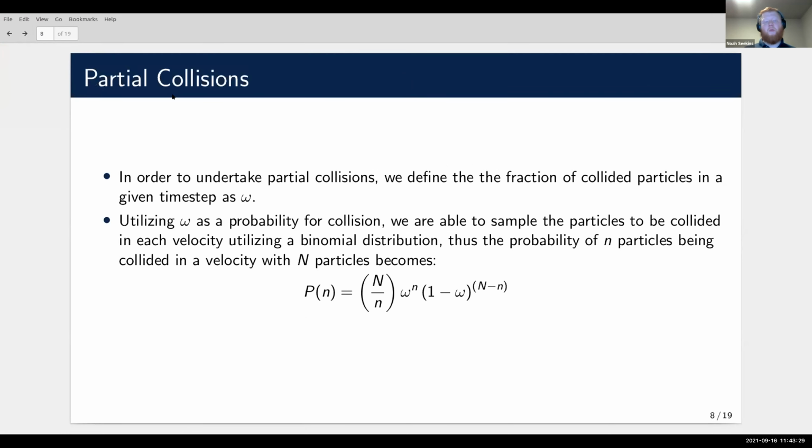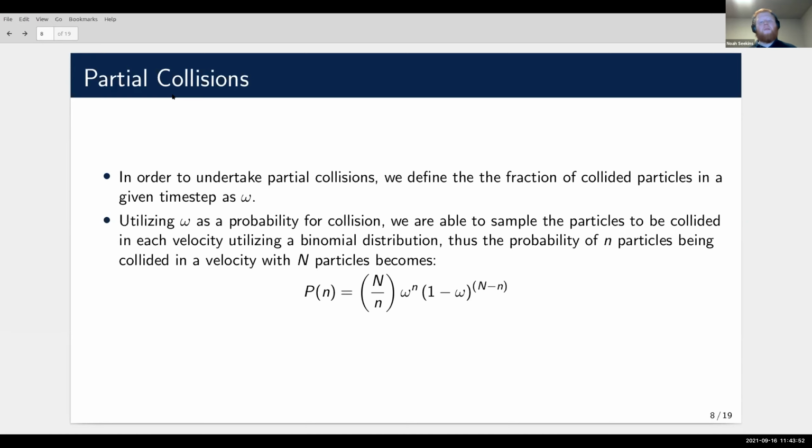It is important as well to talk about how we've undertaken partial collisions. In order to undertake partial collisions, we define the fraction of collided particles in a given time step as omega. And thus we use omega as a probability for collision and sample the particles to be collided in each velocity utilizing a binomial distribution.